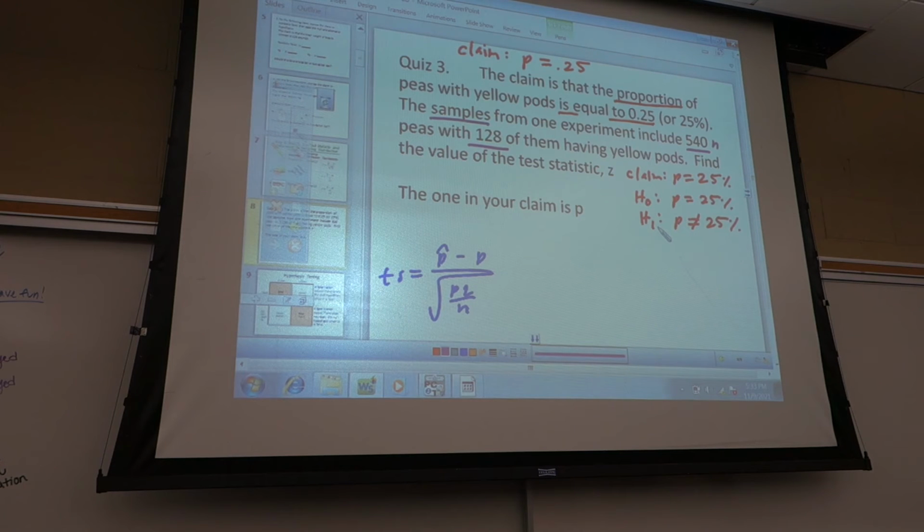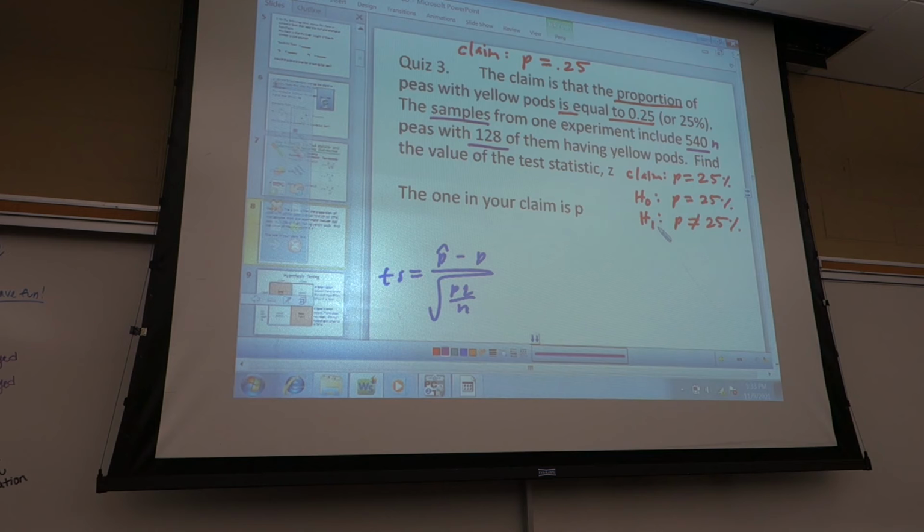So here, did they give me a percentage? How do you know it's a percentage? It'll literally have the percentage sign on it. There's no percentage sign here. Everybody see that? Under samples, there's no percentage sign. It didn't say 540 and 12% of them.